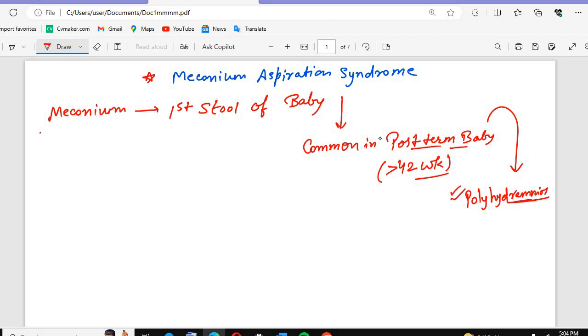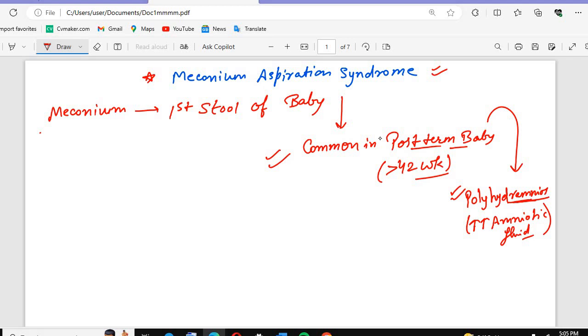For now, just remember, in the post-term baby we have polyhydramnios, meaning very high amniotic fluid, and due to that the meconium or stool formation will be more, and these stools will be surrounding the baby, and sometimes the baby aspirates or swallows that stool, and that finally will lead to meconium aspiration syndrome that we will study.